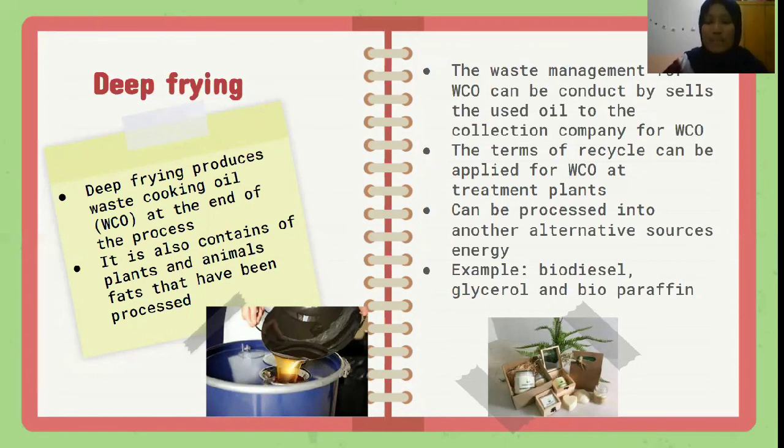In the treatment plants, there are four stages: collection of the waste cooking oil, pre-treatment, transition, and trans-esterification. After all the processes, it will turn into alternative energy sources such as biodiesel, glycerol, and also bioprofit.